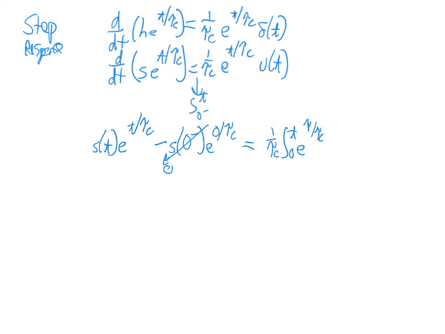The unit step value is going to be 1 in that range, so I'm just multiplying times 1.